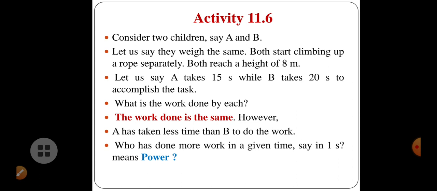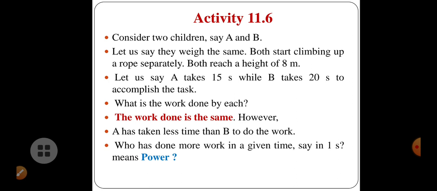If an object does the same work in less time, then its power is more. So whose power is more in this activity? The power of A is more because A is taking less time. Power is equal to work by time, and time is in the denominator, so power will be more.